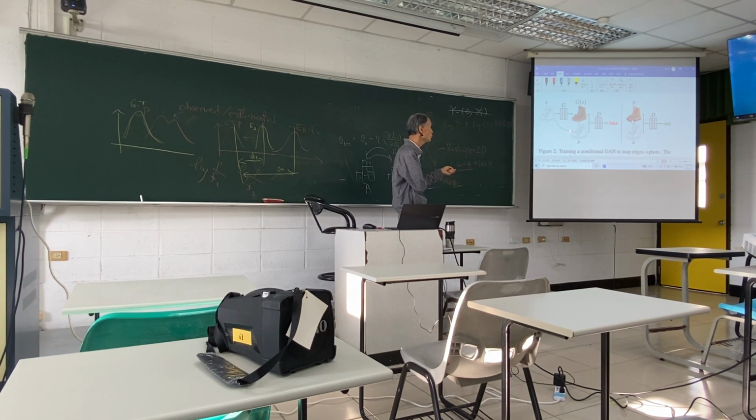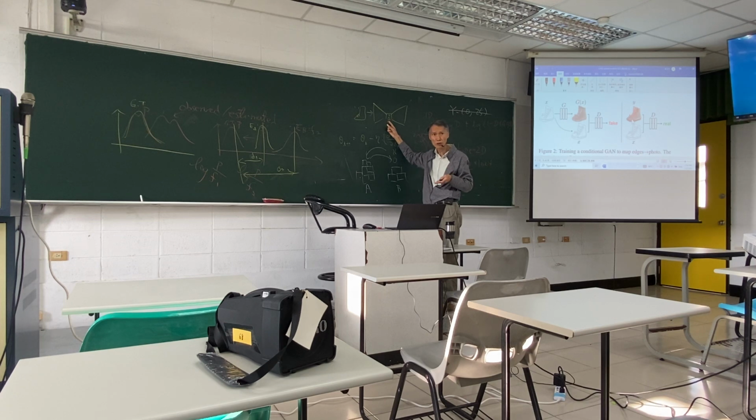Now you might wonder, if the input is Z, how can I input Z and X? You might use an autoencoder first. You input the hand-drawn sketch of the boot, and then you can extract the latent variable and concatenate it with the random number.